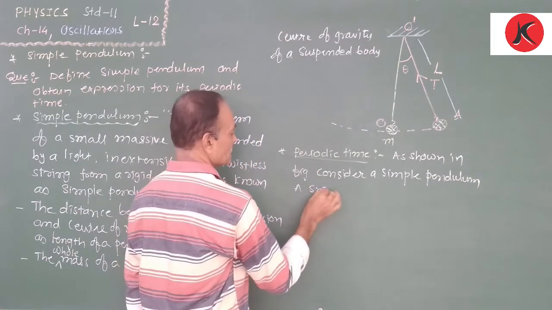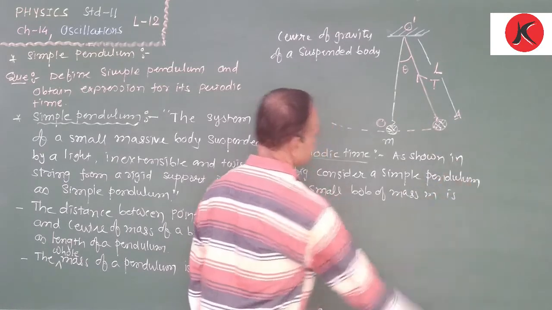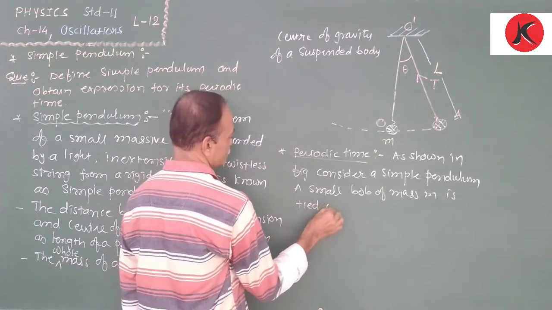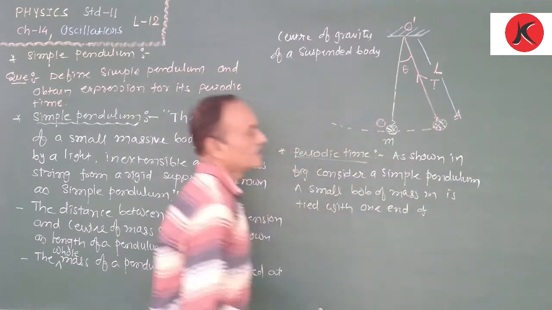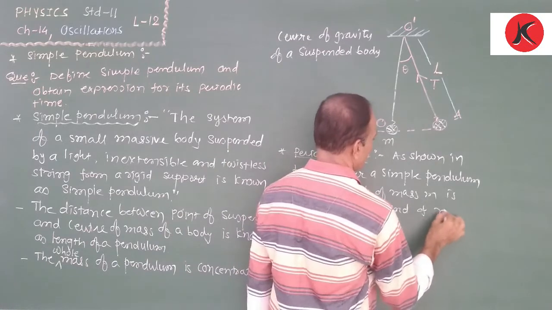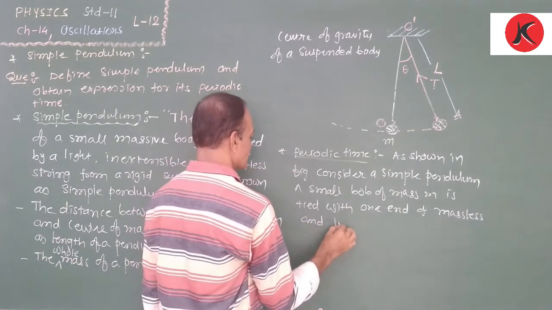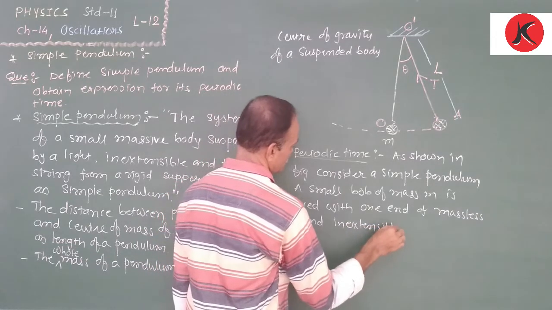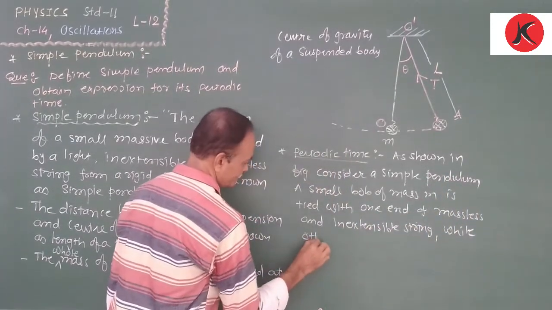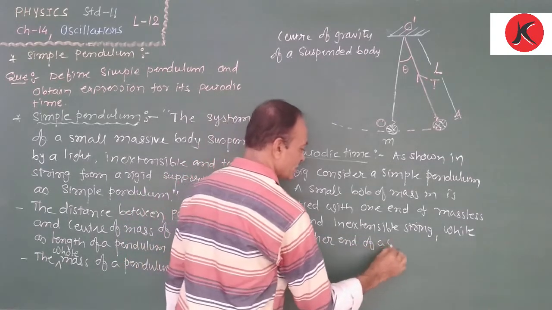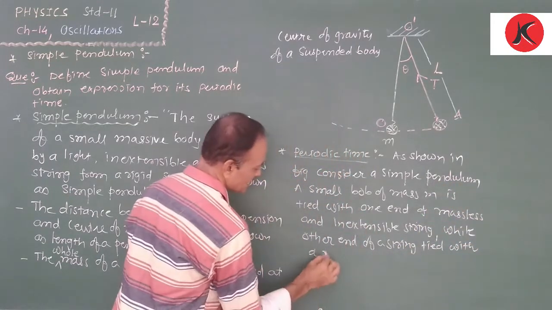A small bob of mass m is tied to one end of a massless and inextensible string, while the other end of the string is tied to a rigid support.